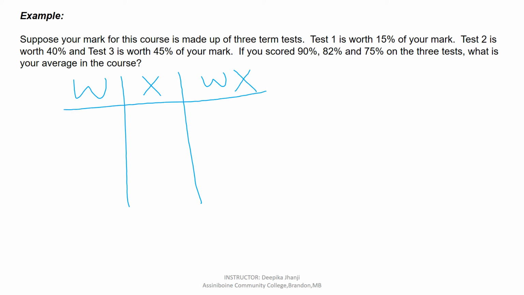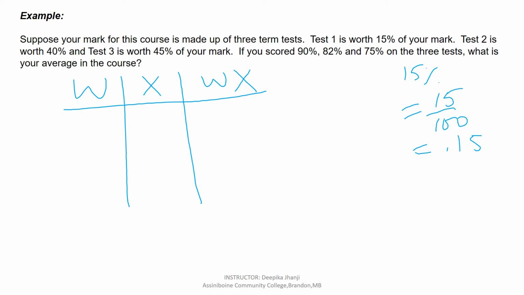Now here each value is in percentage, so we can convert the percentages into decimals as we learned in the last lesson. So 15% is 15 upon 100, which is 0.15, right? In the same way we can convert each percentage into decimal.